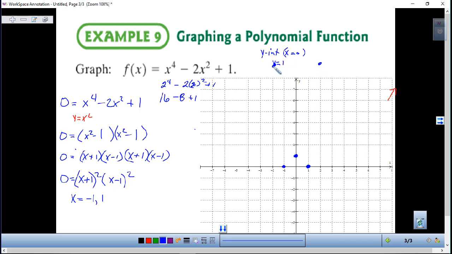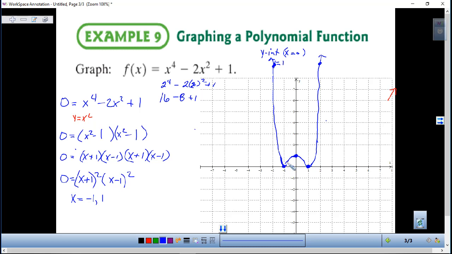So then I can sketch this thing. Remember, it's going to be nice and smooth. Not too smooth, huh? Like I said, your graphs do not have to be perfect, but they do have to carry on everything that needs to be shown.